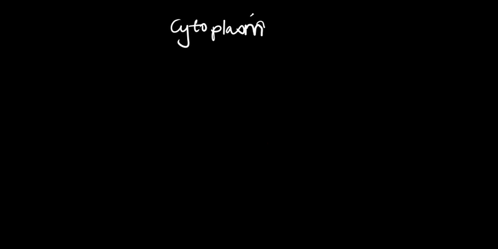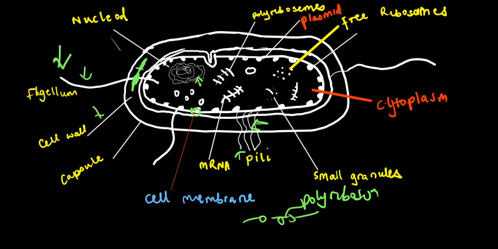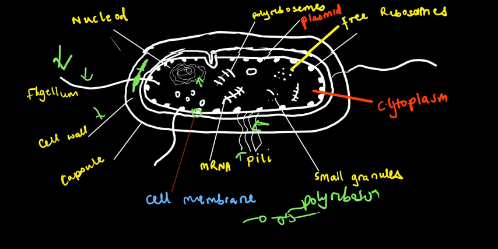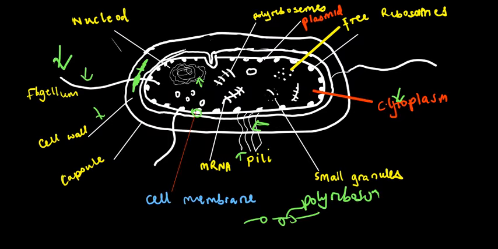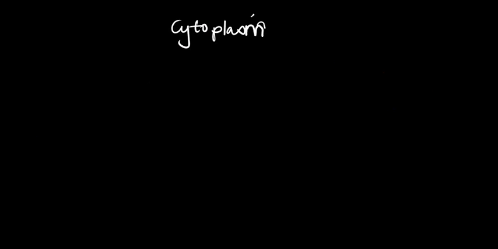The next thing we're going to talk about is the cytoplasm. The cytoplasm is a fluid that's contained within the bacterial cell wall. Like you can see, this is the cytoplasm. The cytoplasm is just simply a medium, it's the fluid that's contained.